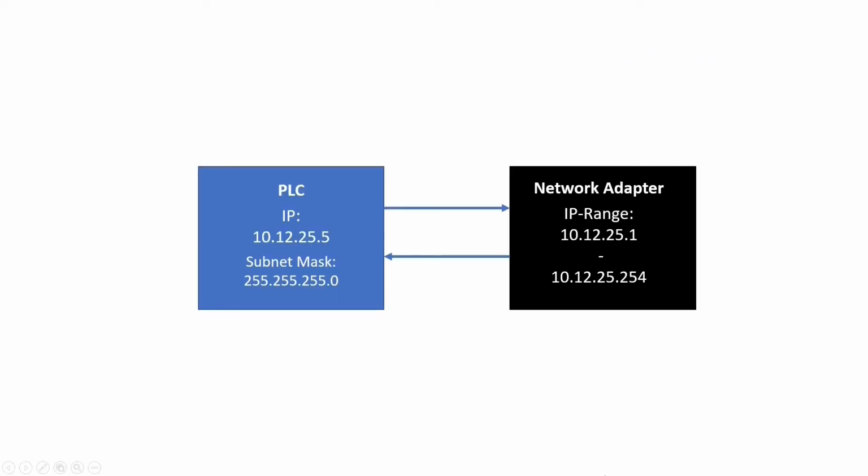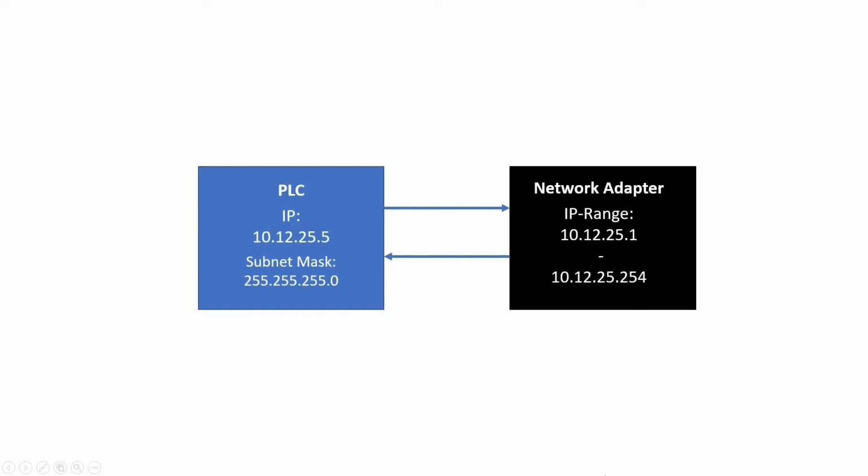Here I have a short example to show you how you can set the right IP address for your network adapters. My PLC here has the IP address 10.12.25.5 and the subnet mask 3 times 255 and 0 for the last place. And 255 is the highest number one of your subnet mask places can have.